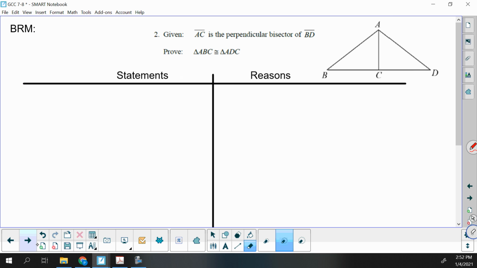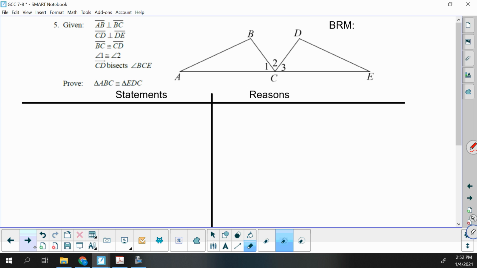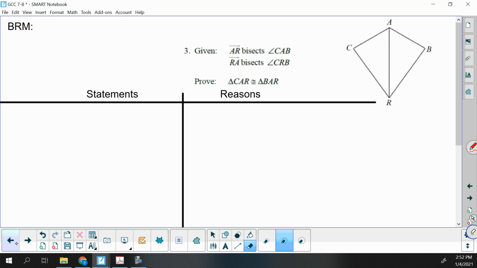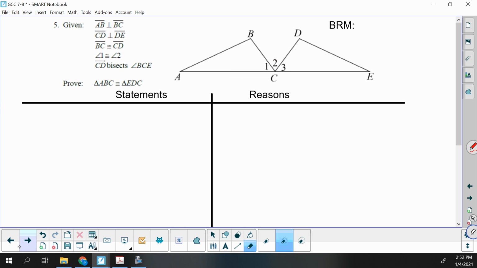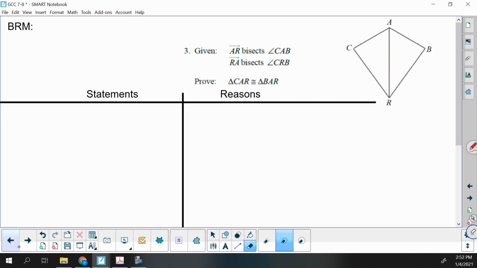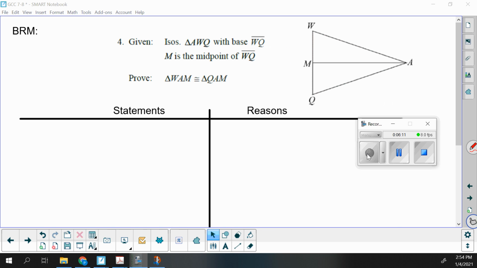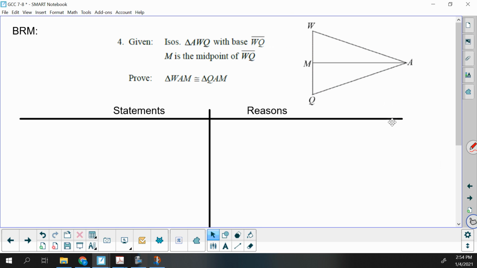So the first one we're going to do together is number 4. So if you could flip to that. On number 4, we'll start with our givens.